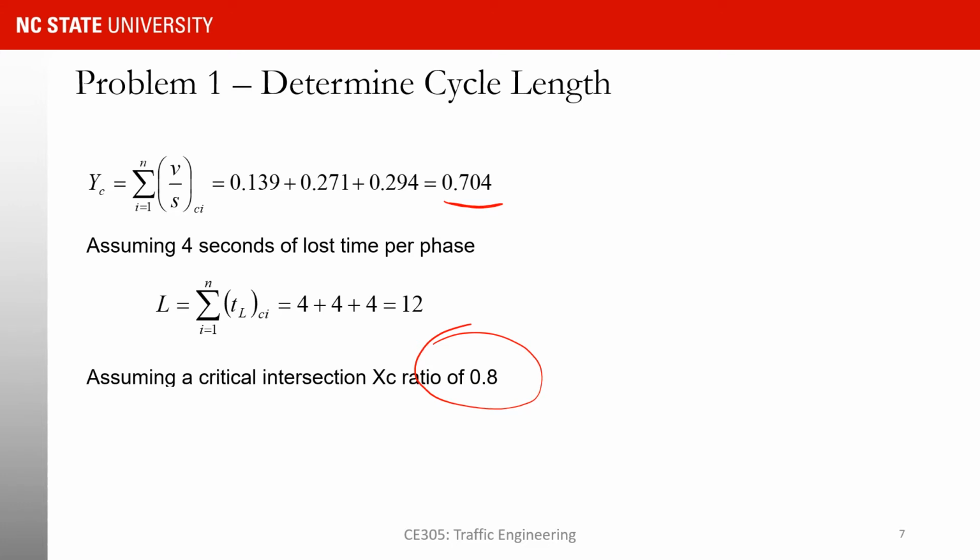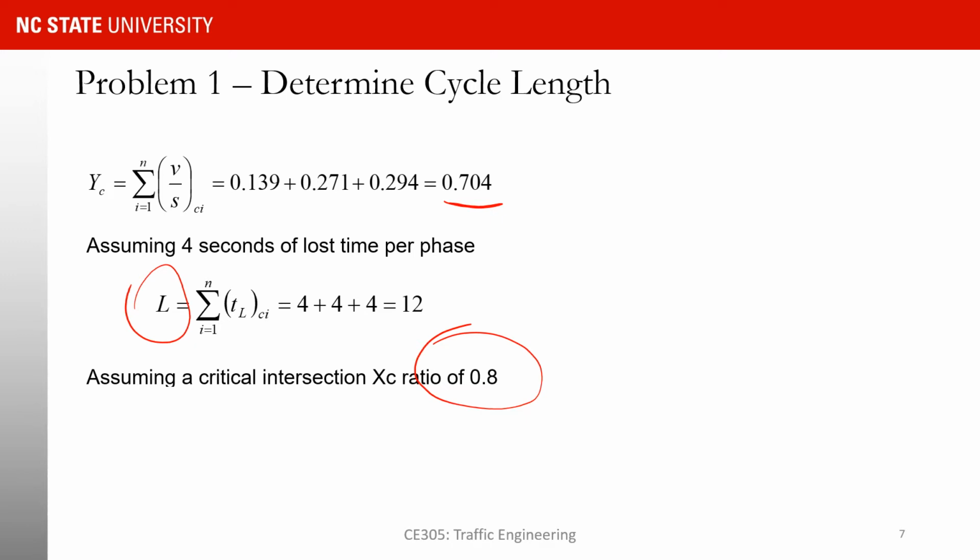One other thing that needs to be done is to find the total loss time at the intersection. So in this intersection, all the information that we have is that we have a total of 3 phases, and nothing is given to us for loss time, so we're just going to assume that loss time per phase is 4 seconds.